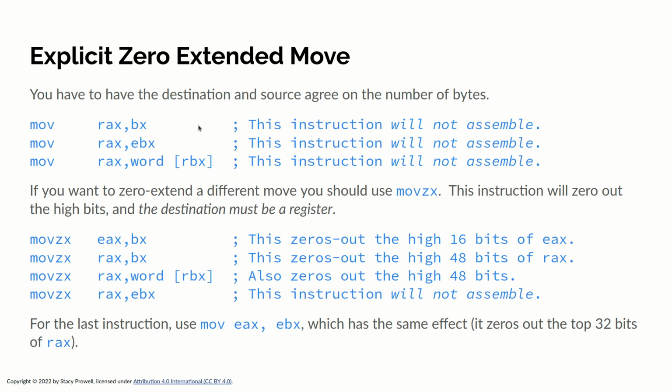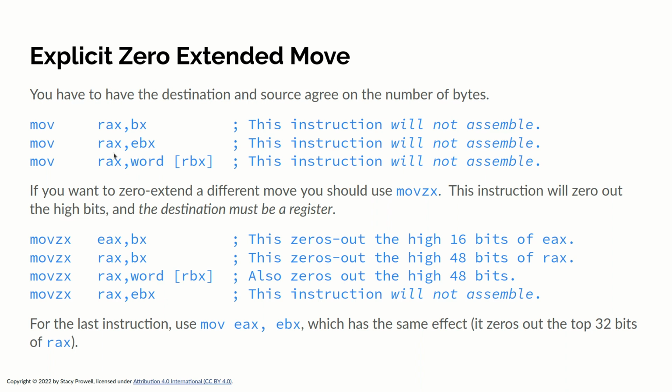Won't work. Okay, here's a 32-bit thing and a 64-bit thing. Nope, won't work. Can't do that. Don't do it. What if I go get a word from memory and try to put it in RAX? Won't work. These are different sizes. You can't do it.